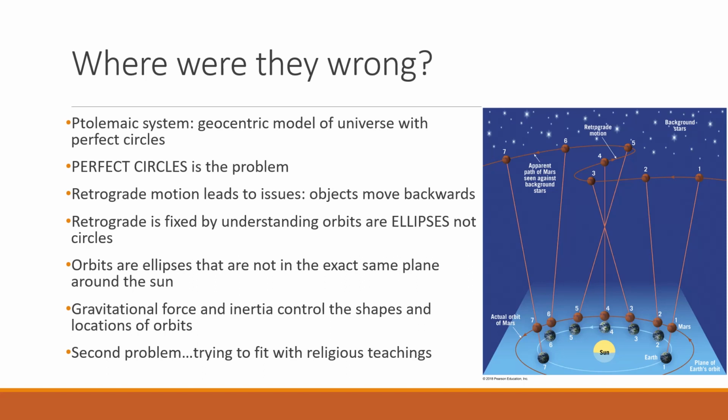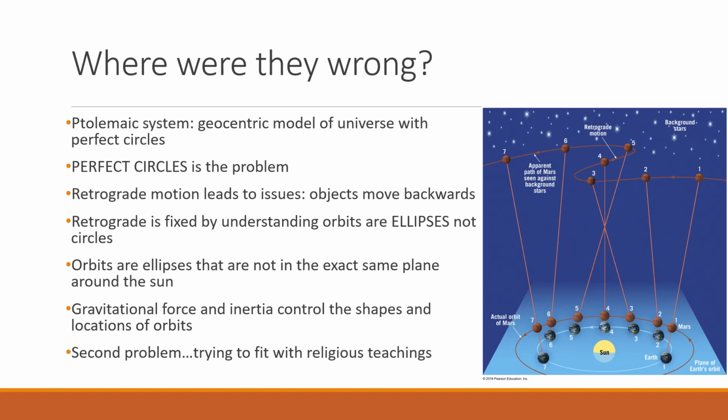So we also had issues with retrograde motion. Retrograde motion is where we observe things going backwards, and that's just because we are orbiting the sun, other objects are orbiting us, and depending on how fast things orbit, or other objects aren't orbiting us, only the moon orbits us.